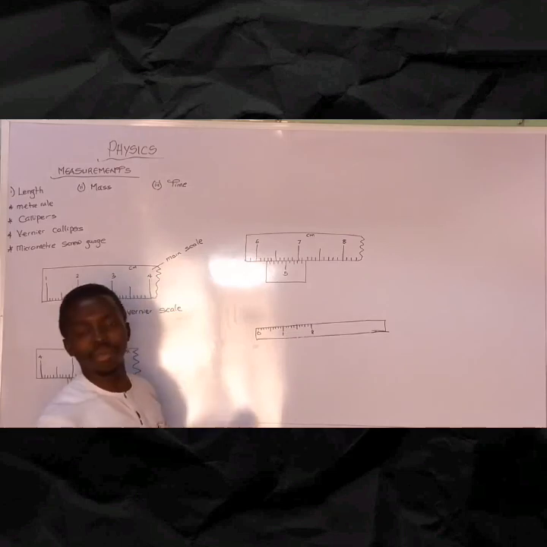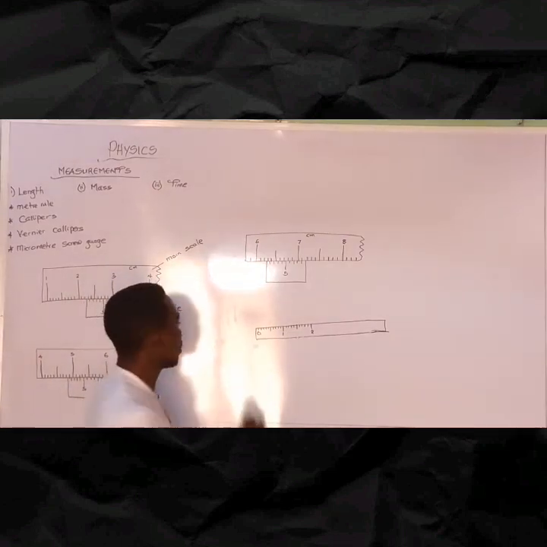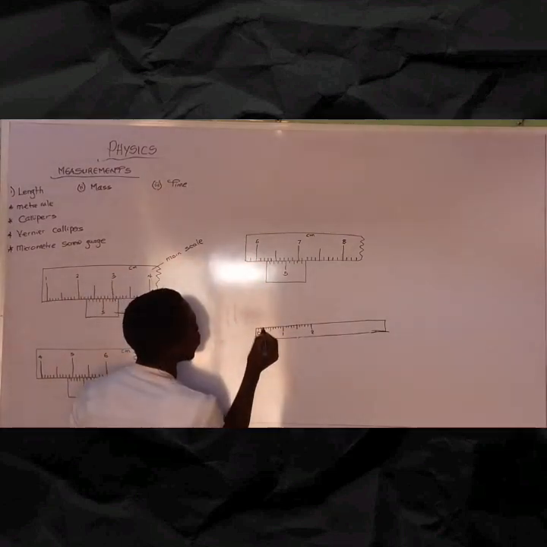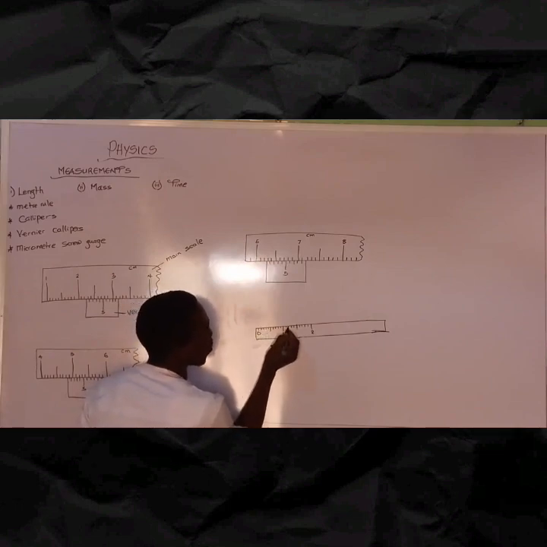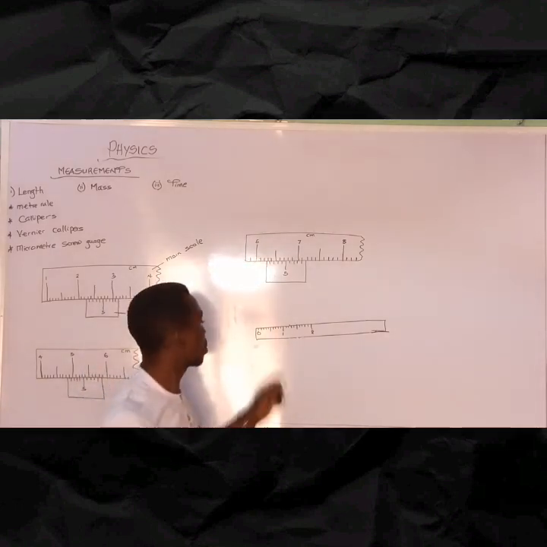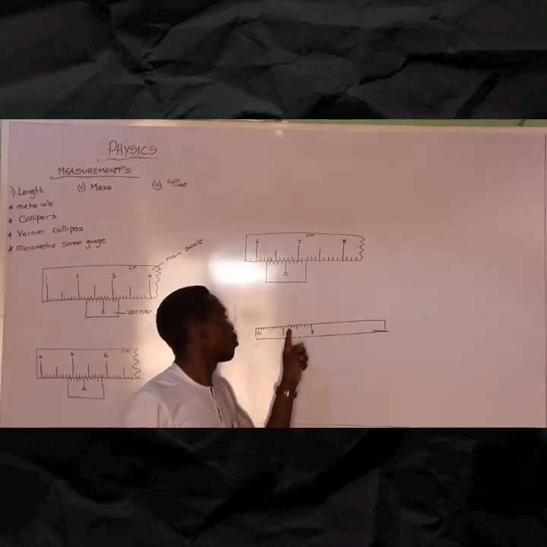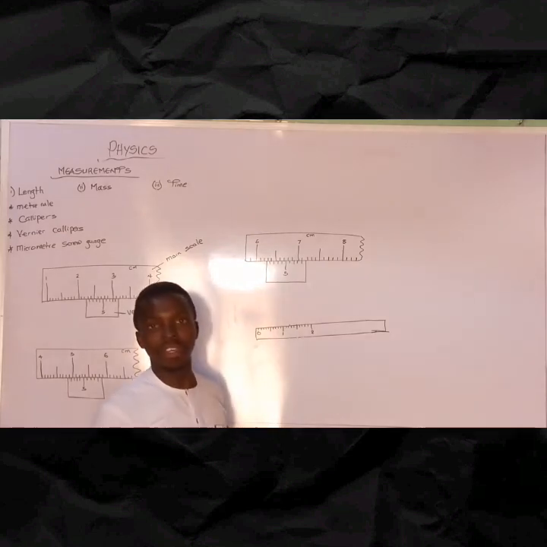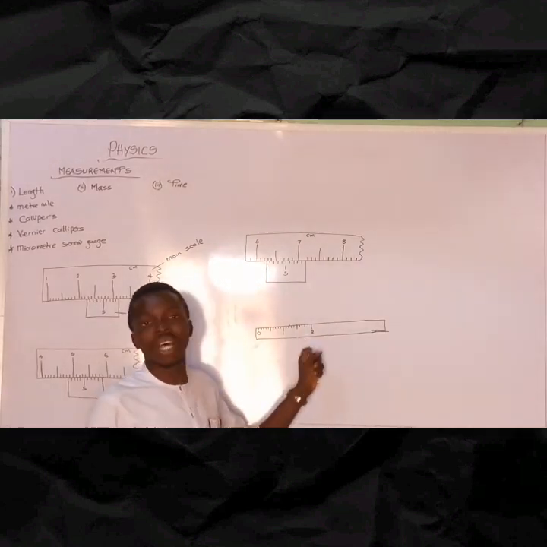So for every meter rule the reading accuracy is 0.1. What does it mean? You can read in 0.1, 0.2, 0.3 till 1, 1.1, 1.2, 1.3. But anything that falls in the middle, you have to use your own discretion, whether you say 1.24 or 1.25. So there, the meter rule cannot be accurate.